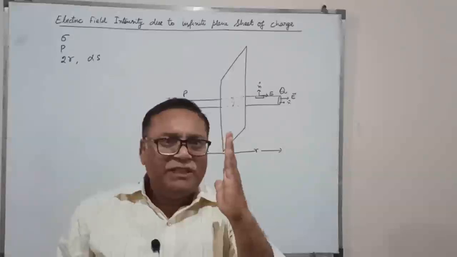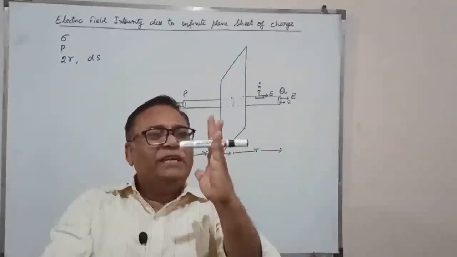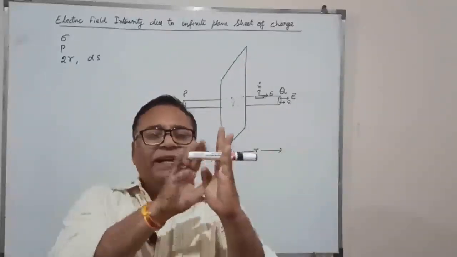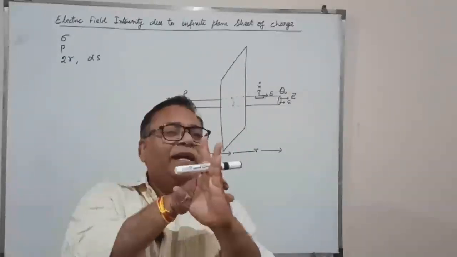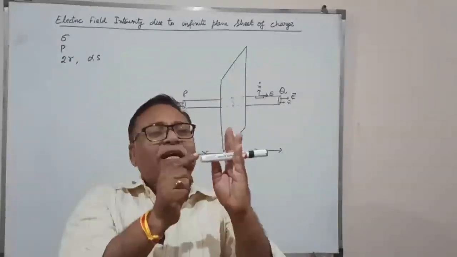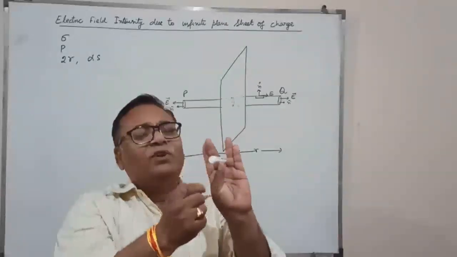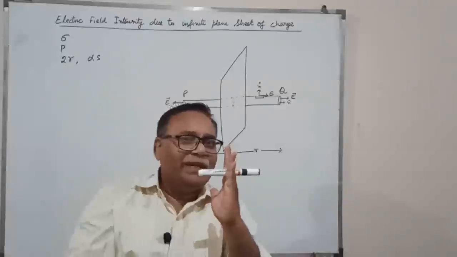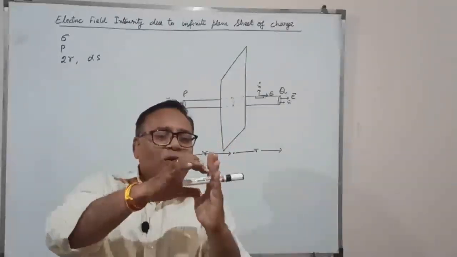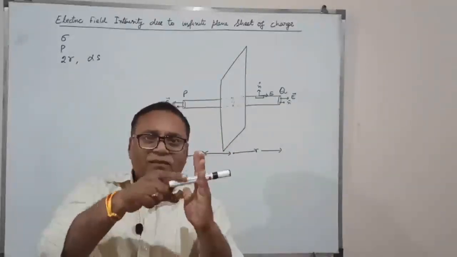Suppose this is the plane sheet and we have considered this cylindrical Gaussian surface, r distance this side and r distance this side, and this is the small area of cross section ds. Clear? Then the position of electric field intensity on the surface.